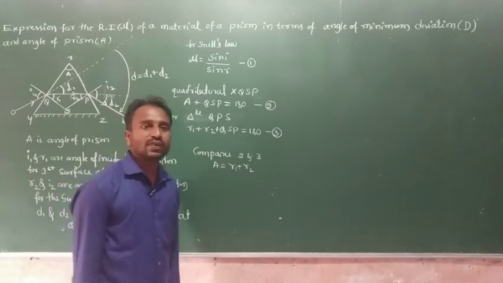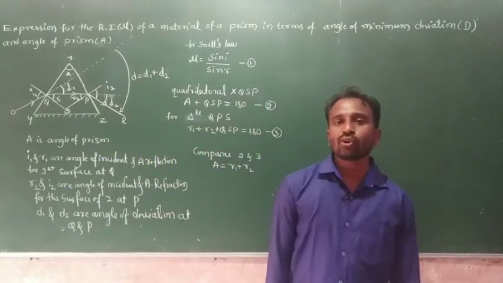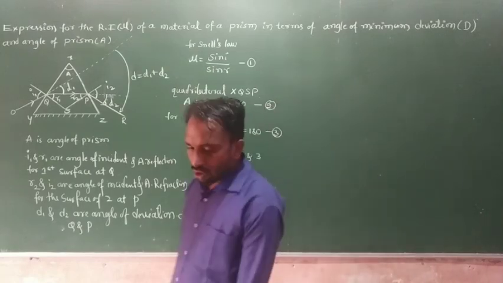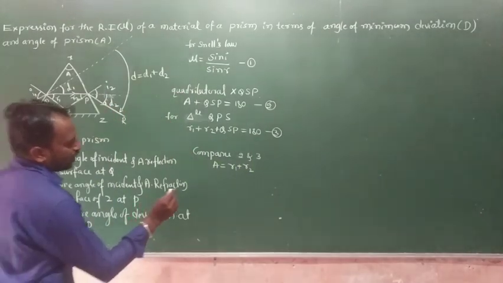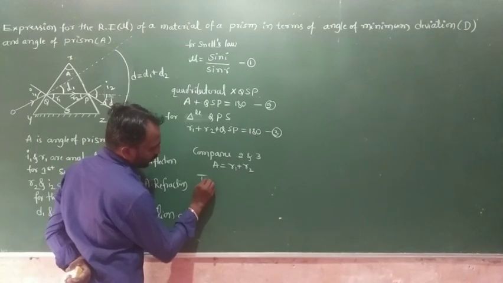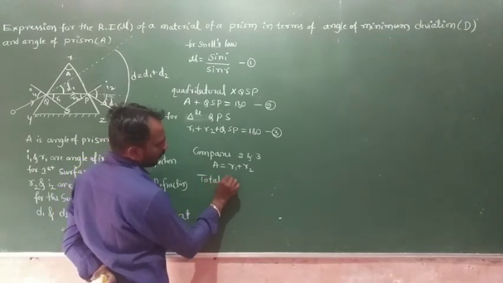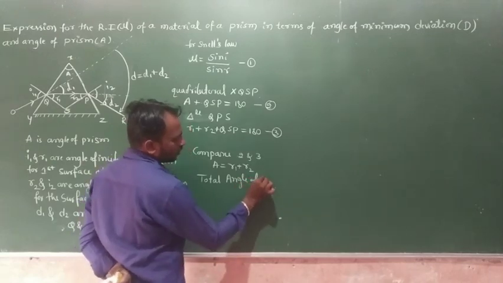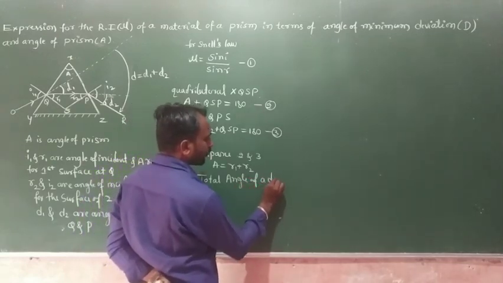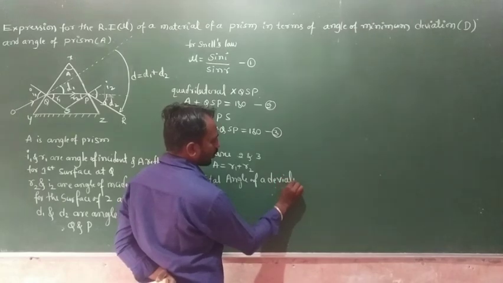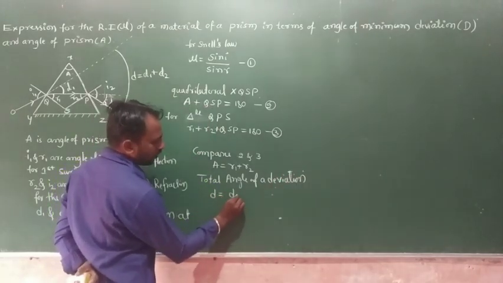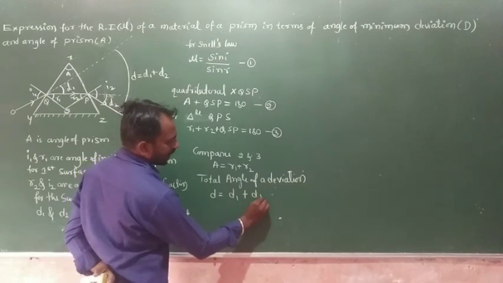Okay. So next, here we want to find the angle of deviation. The total angle of deviation D is equal to D1 plus D2.